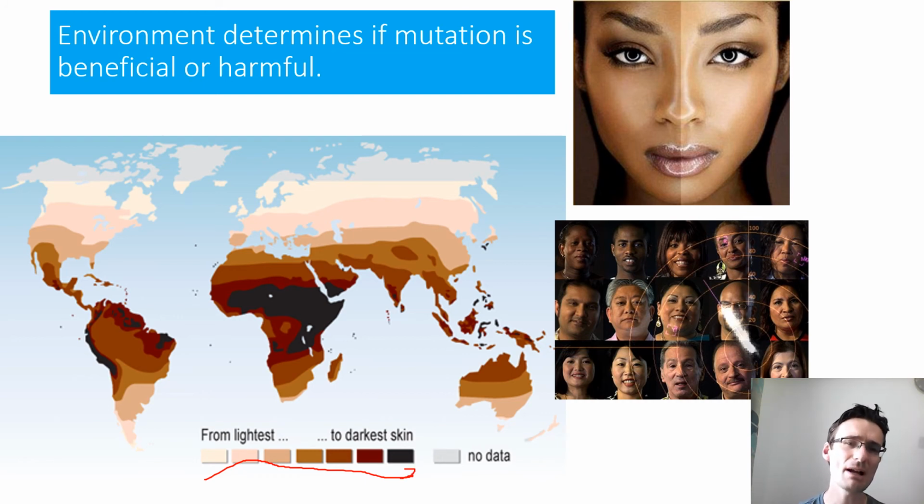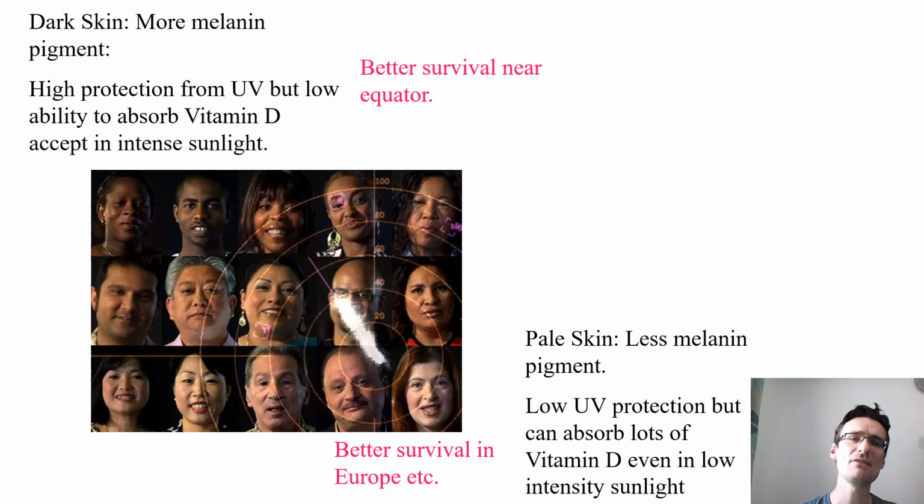You can see on the map of the world where evolutionarily these skin colours have developed, and it shows you that the environment does determine whether that mutation is beneficial or harmful.